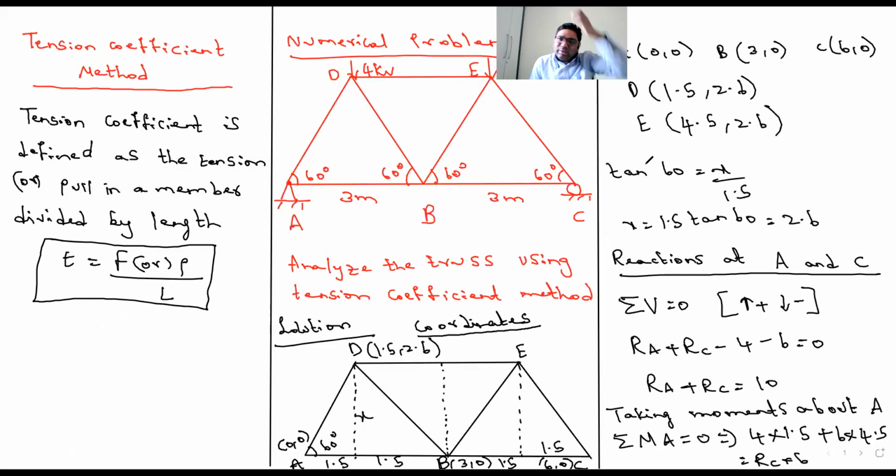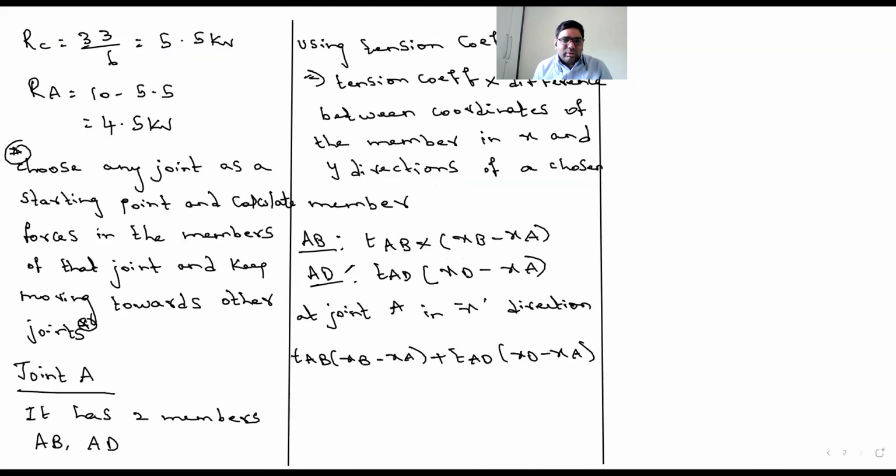So here, these are the values: XA, YA, XB, YB, XC, YC, XD, YD, XE, YE. What do we want? XB minus XA. So TAB into XB, which is 3 minus 0, plus TAD into XD.